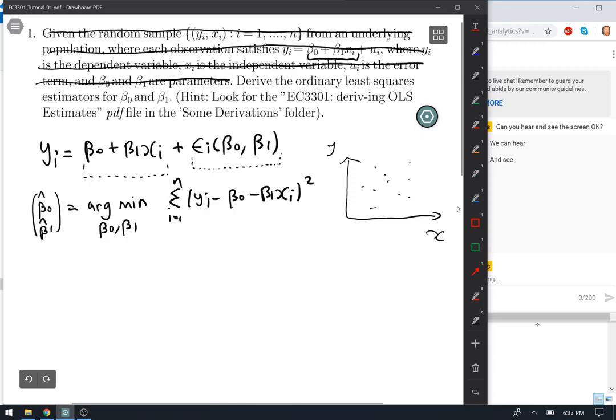You've got a sample from i equals 1 to n, so you've got n data points, like n equals 100 or whatever else, and for every line you specify, you pick some particular b0 and b1, where b1 is the slope. There are going to be distances from this line to the points, the residuals, and you keep varying the line to minimize that distance. So think of this as just a loss function. It's how far this particular line, given b0 and b1, fits to the set of points y and x.